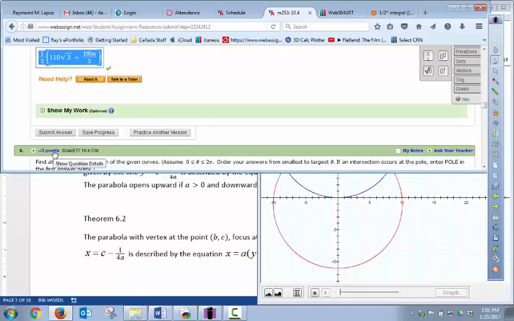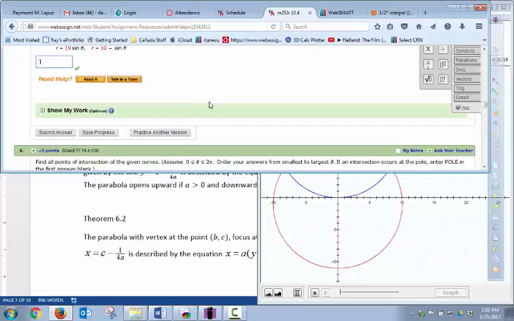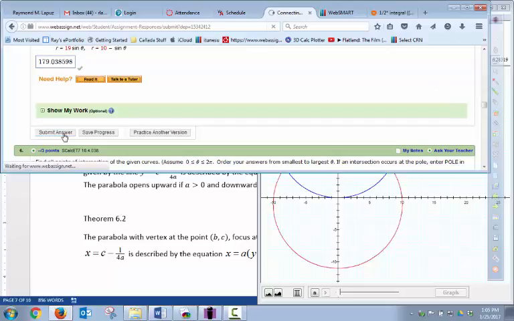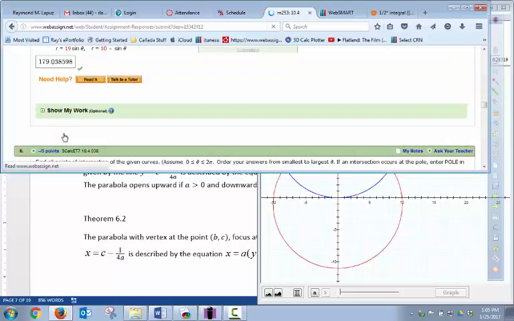Did anybody figure it out? It's 179.039. Yeah, so let's try this. So sometimes it does take those values.